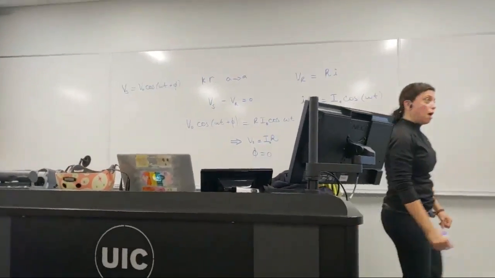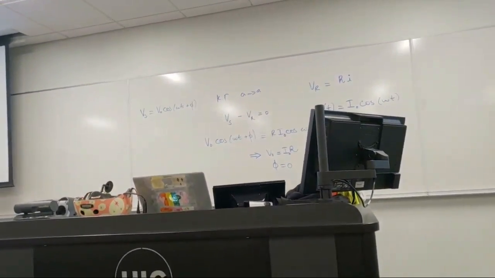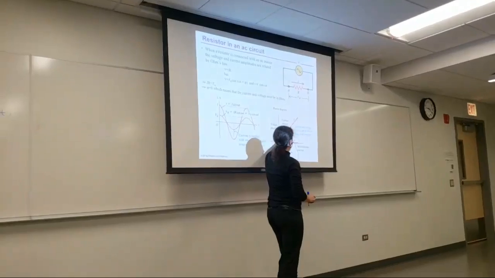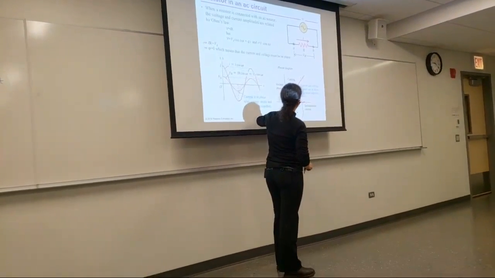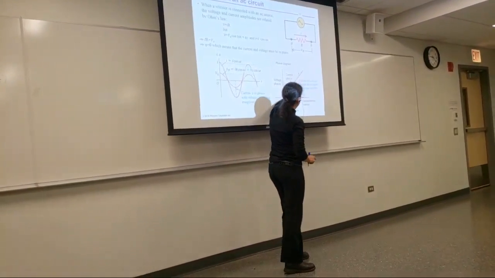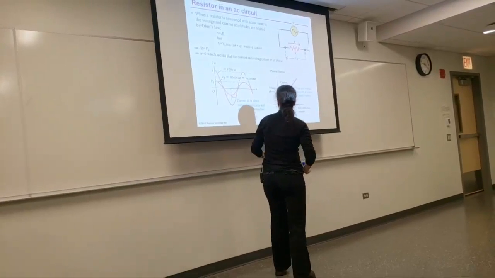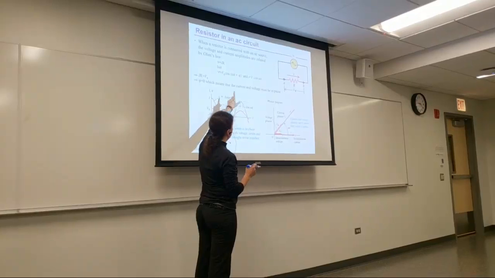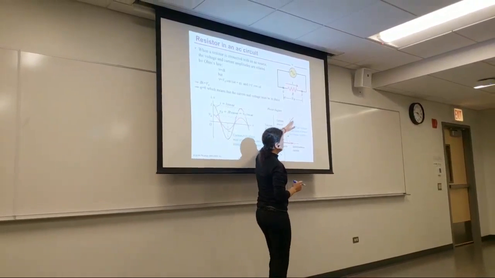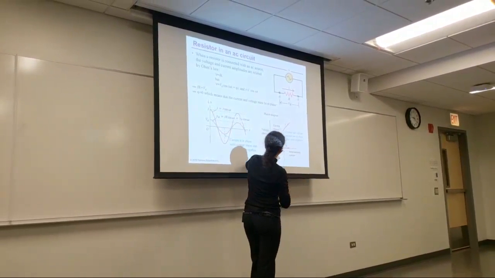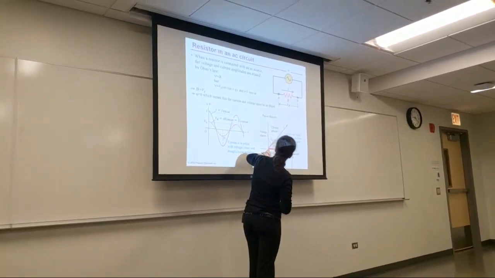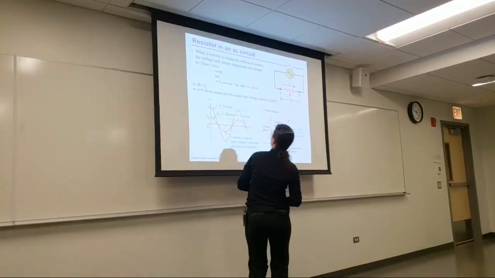So in a circuit that only has a resistor and an AC source, the current is described by this omega t, and the voltage across the source is also along the current. So that's the voltage phasor. Why did I put R?